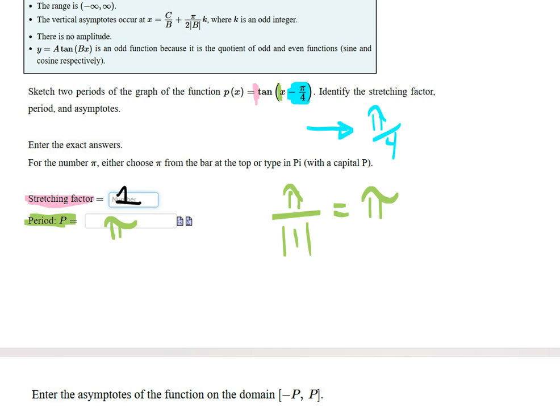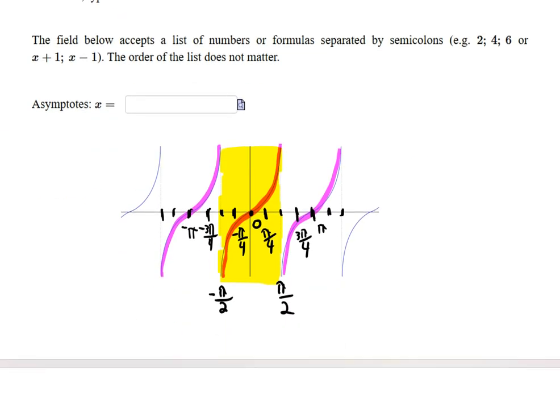So my pink function down here is going to shift to the right 1/4 of a pi. So instead of this thing crossing here, it's going to move to there. So my asymptote is now, instead of at negative pi over 2, it's going to be right here. And then 1, 2, 3, 4, it's going to be right here.